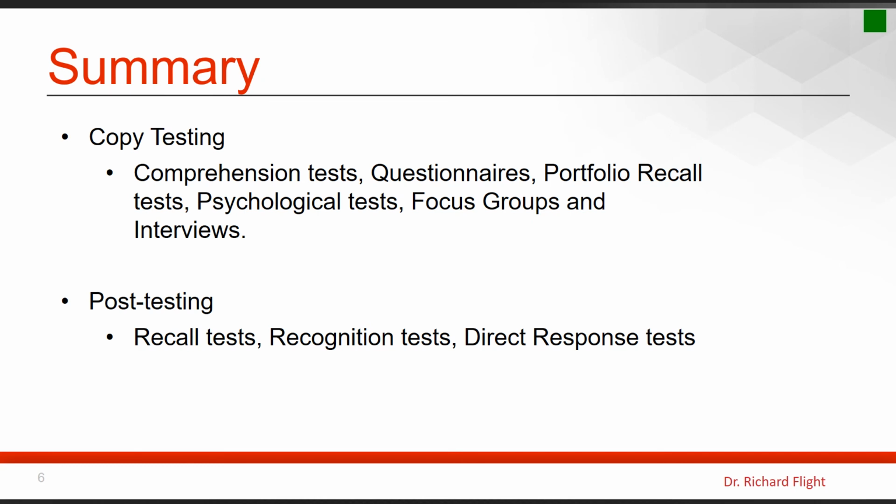The point here is that before the ad is run, we want to be able to measure the effectiveness of the ad copy, that it does what we want it to do. Moreover, once the ad airs or is executed, we want to test its effectiveness. So that suggests that we have testing that happens before in the creation stage, and then after we test it to make sure that the effects actually came through as we would expect.